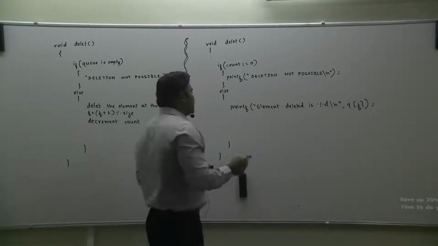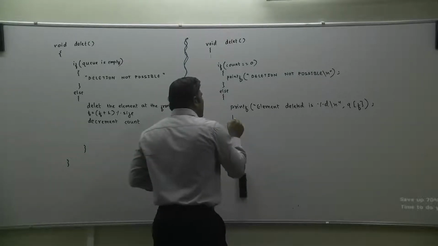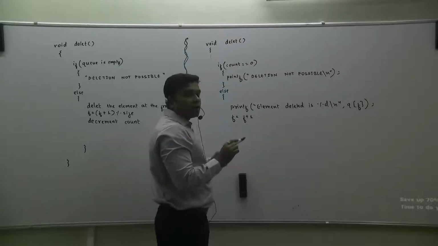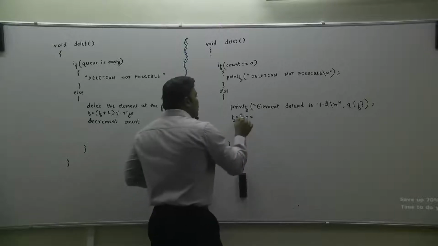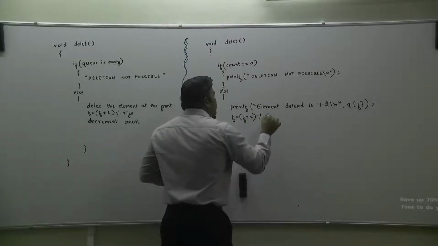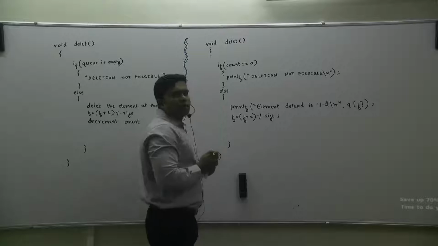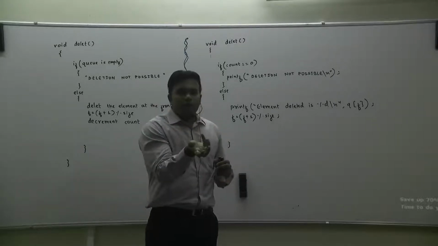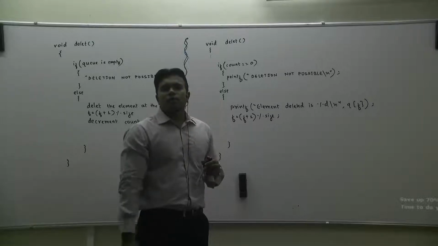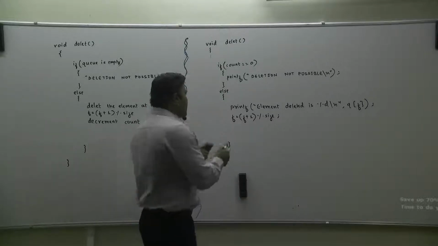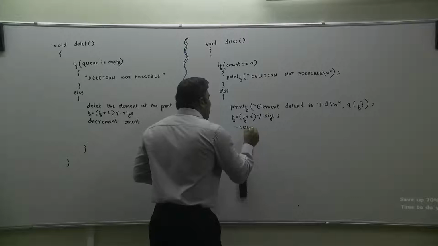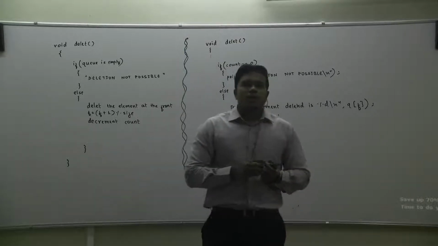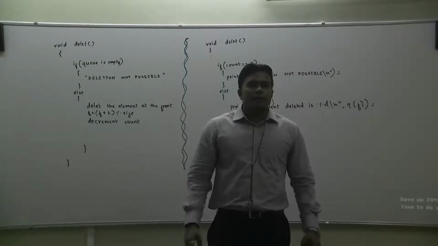After that, because it is a circular queue, I will tell new value of front is old value of front plus 1. If it was an ordinary queue, only this much I would have told. Because it is circular, I should tell modulo size. Don't think that modulo should be used only for insertion. Deletion also, after all, you are doing on a circular queue. So modulo size. Not only that, you will have to decrement the count. I hope it is completely clear.